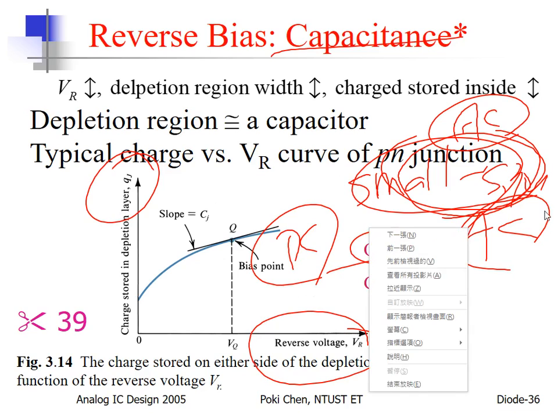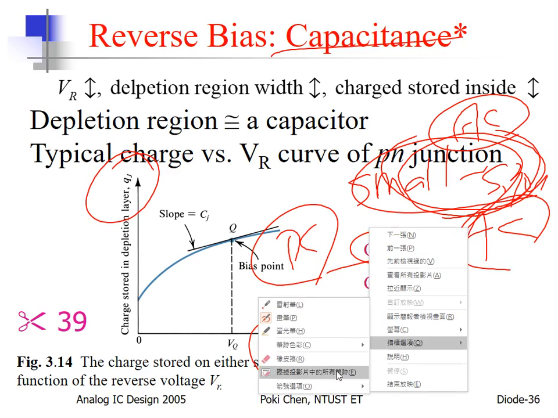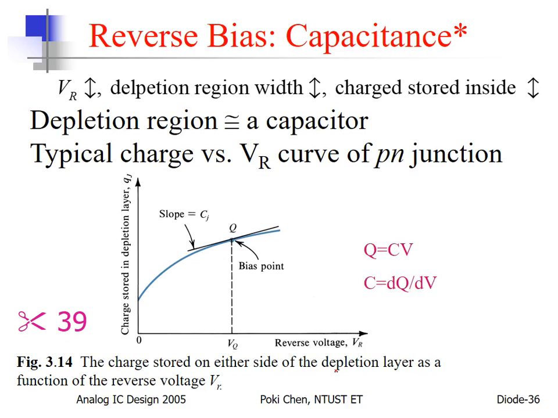So if you would like to estimate at this point how much the capacitance is, very easy. You can increase the voltage a little bit. Then you get extra charges to push into the other side, right?